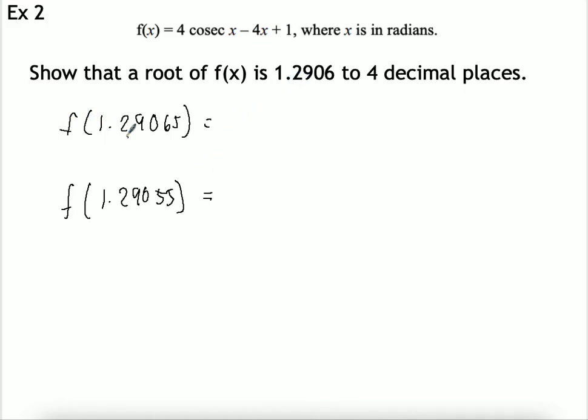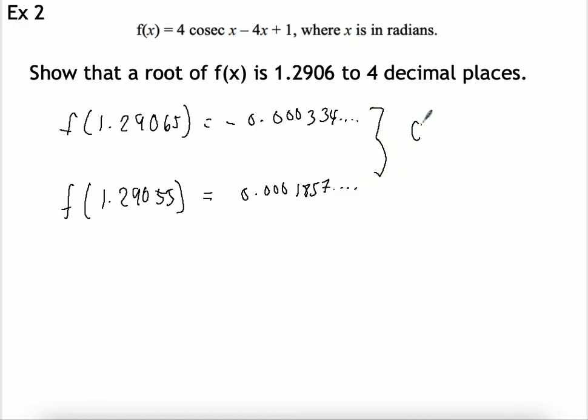So when I substitute in 1.29065, I get negative 0.000334 and so on. And when I substitute in 1.29055, I get positive 0.0001857.